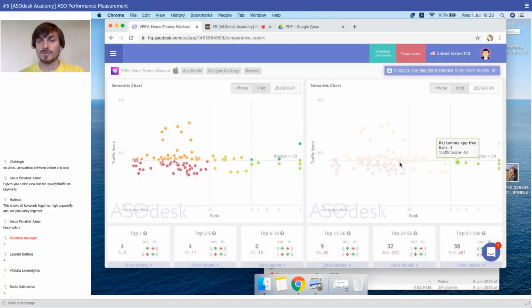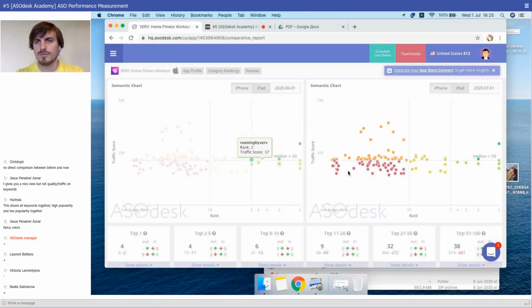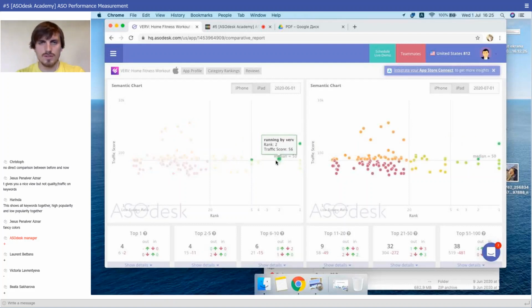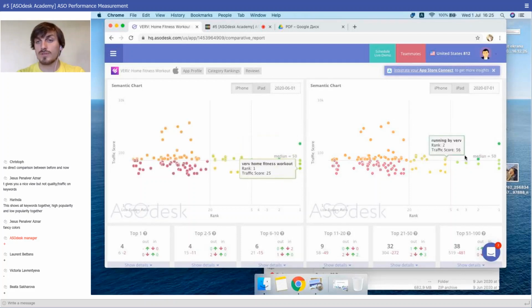Like they were freeing some space by removing these keywords and moving into the title or subtitle some of the keywords from this long tail keyword, free fitness coach. This keyword wasn't at all in the most important visibility zone, and now it's here.